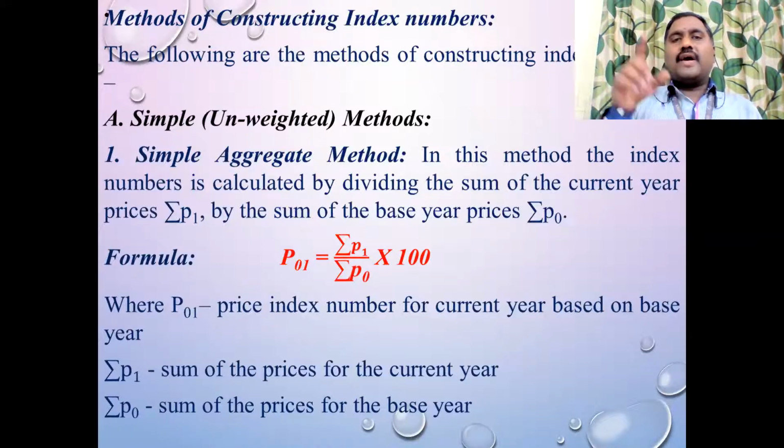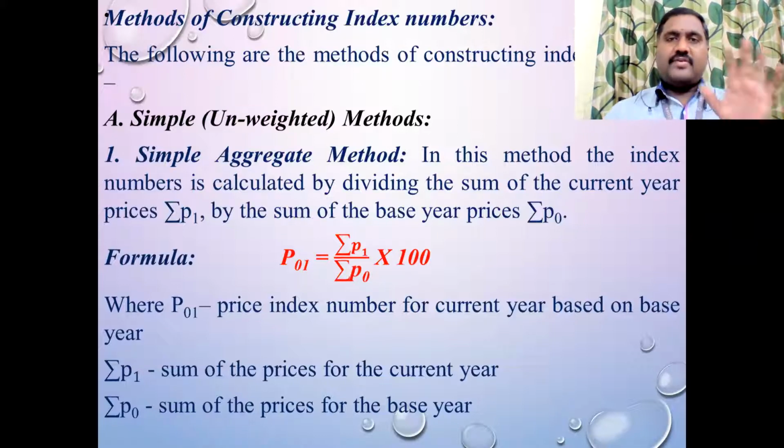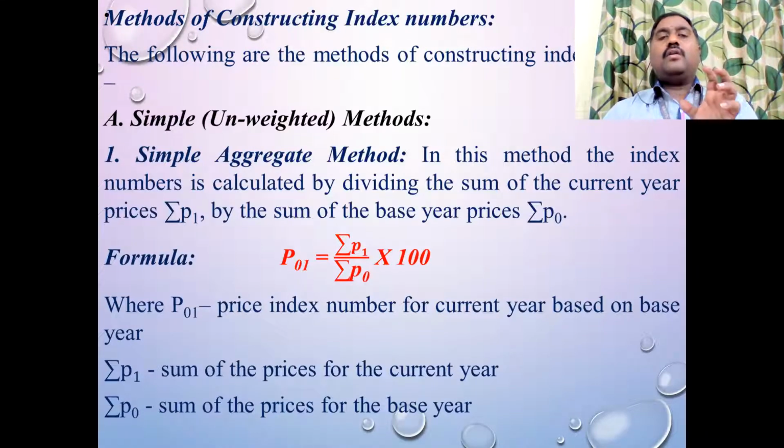Second method is weighted method, weighted index method. In the two methods, we have another two methods. You just write one by one. First, write unit 5, index number. Below that, methods of index number. First method A, simple or unweighted index method.